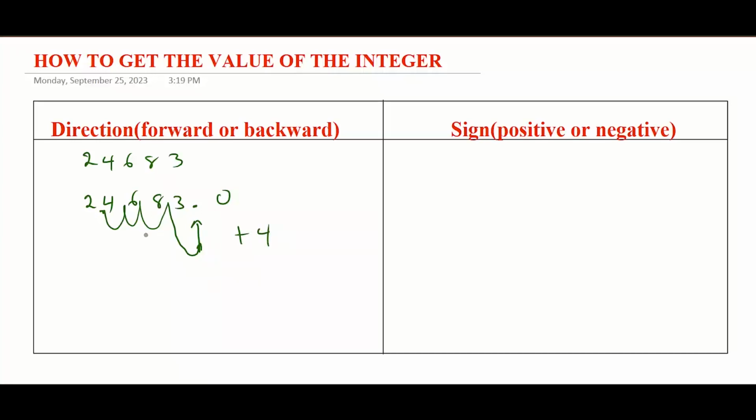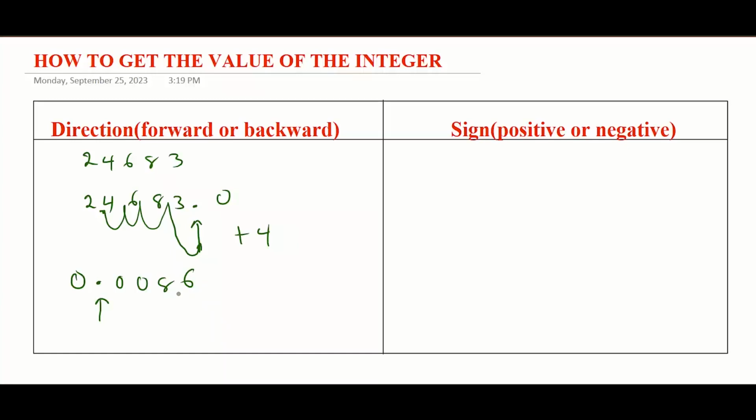The integer is negative when you move backward. For example, you have 0.0086. So in this case, the decimal point is already there. That means we need to count towards this direction. Then the next thing is to form our standard form number. So this is the right position.